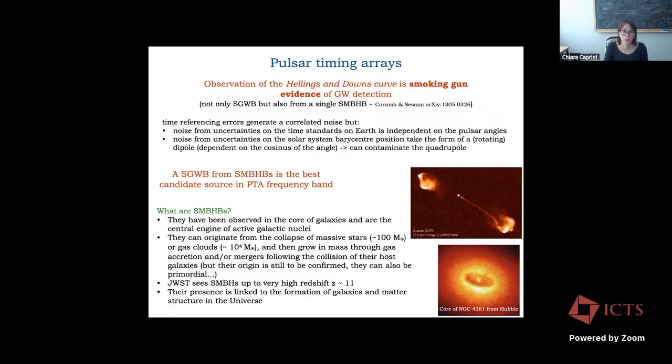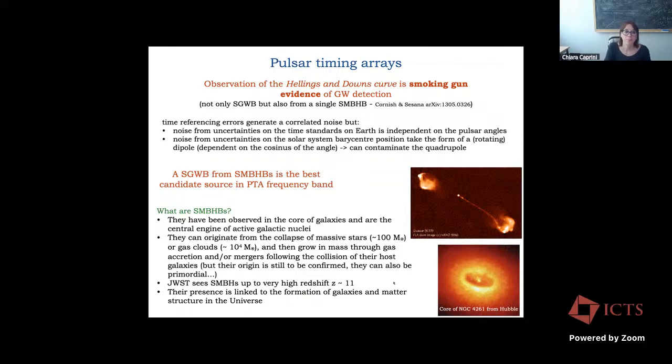Supermassive black holes have been observed in the core of galaxies and are the central engine of active galactic nuclei. You see some photos of their electromagnetic emission, associated with the matter that is around the supermassive black hole.